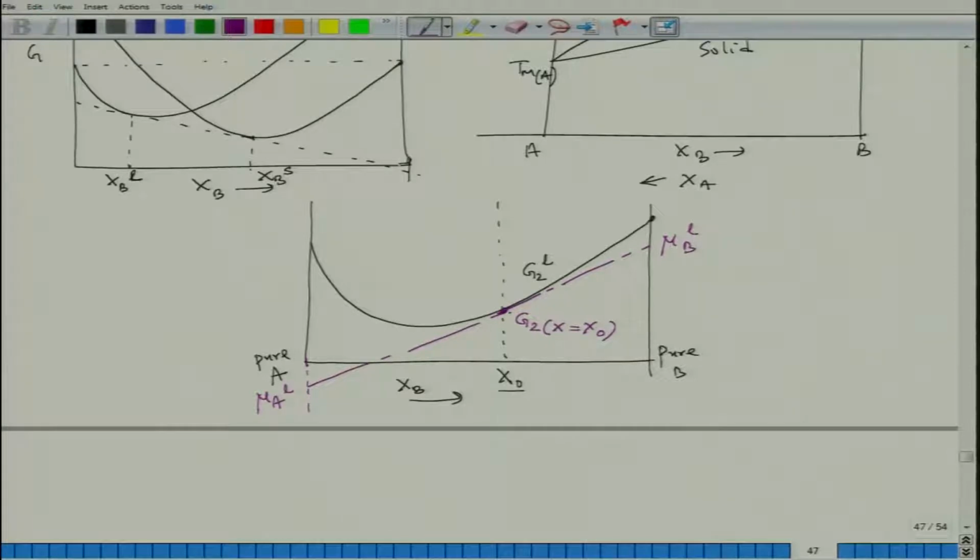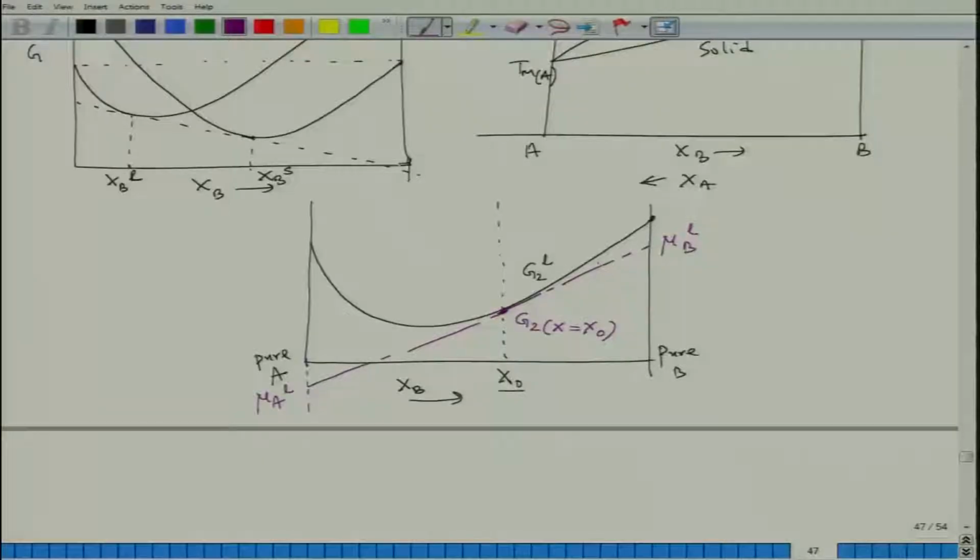Now, we have also seen that if I would like to go from this composition to any other composition on this particular line, then I have to follow a reversible transformation. Let us say I would like to reach a composition x1, then I have to add B atoms to the x0 composition reversibly.